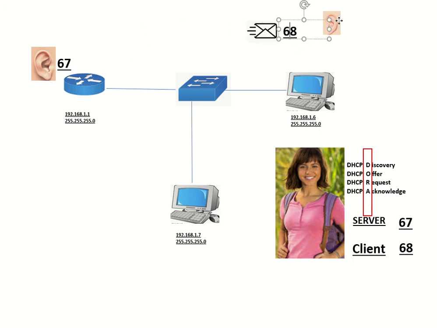So port 68 of the client in this example is going to be the listening port because it listens out for a response from the DHCP server. So if we look at the segment, that means the actual DHCP offer message plus the header, you would see that the source port is 67 and the destination port is 68.